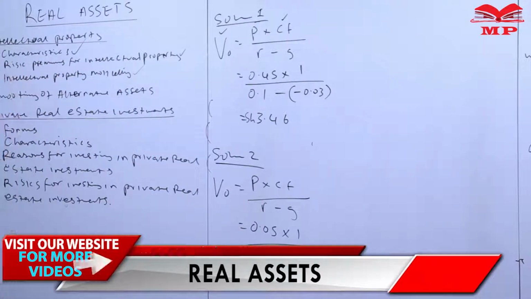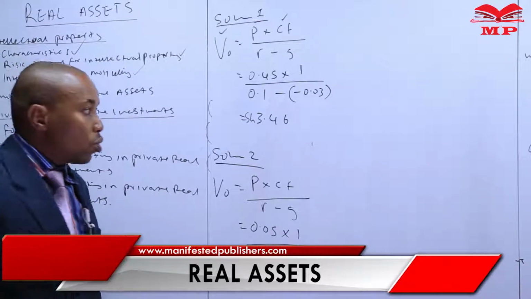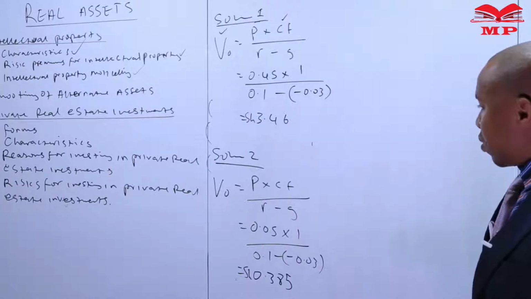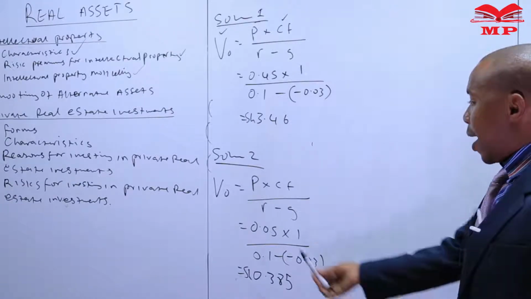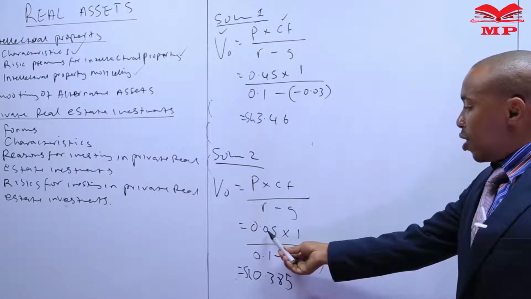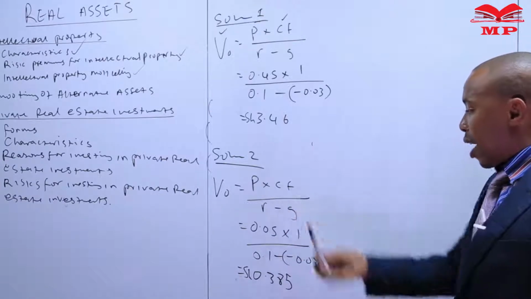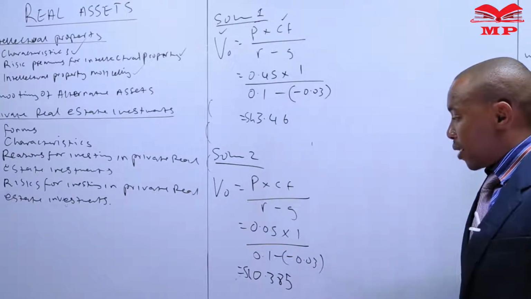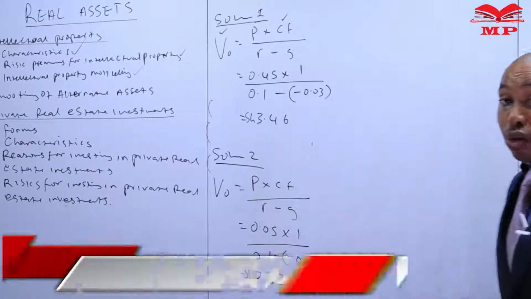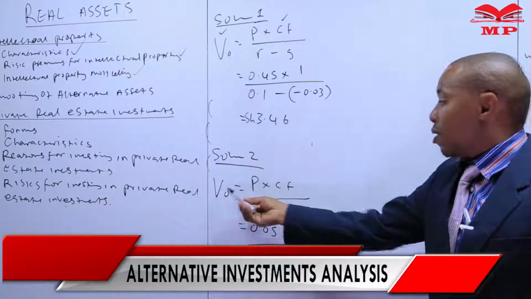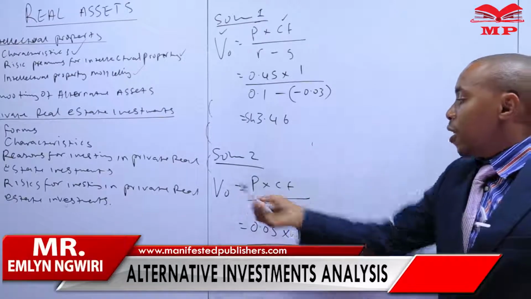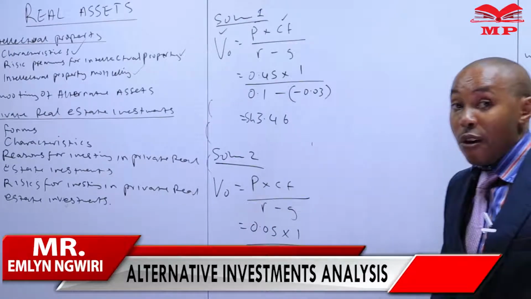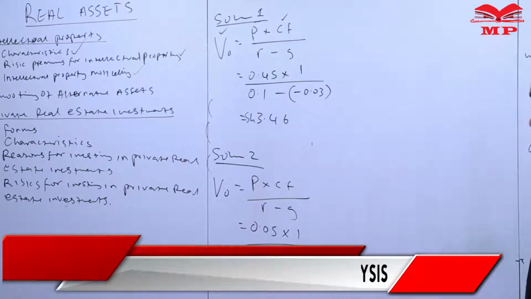Now you also need to notice one thing: once we've computed the value of the IP, as this component reduces, the expected cash flow reduces, you can also see by extension that they are directly proportional to each other. If this one increases, then you expect this one to also increase. If this one reduces, then you also expect the value of the IP to reduce.